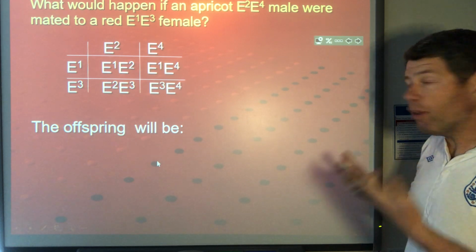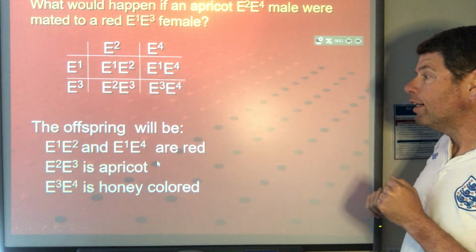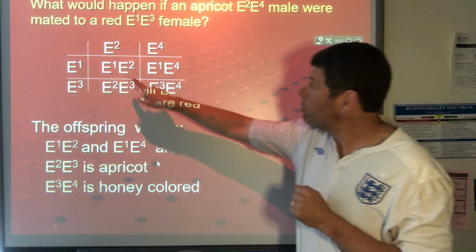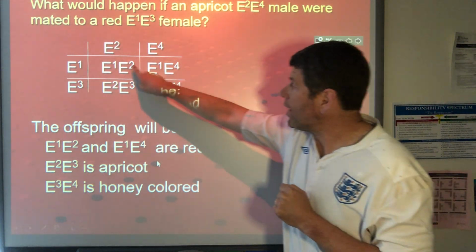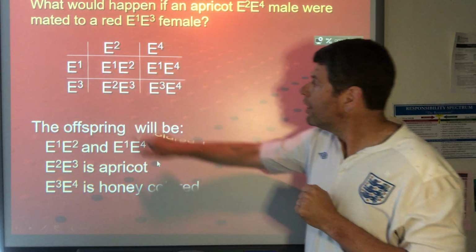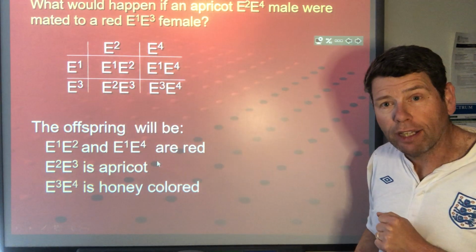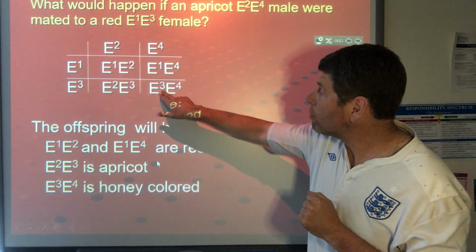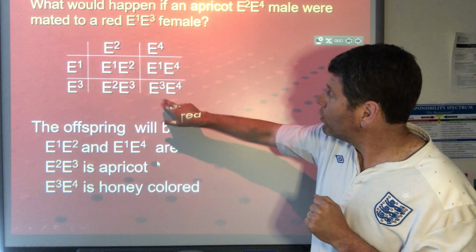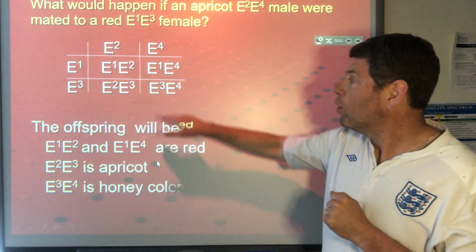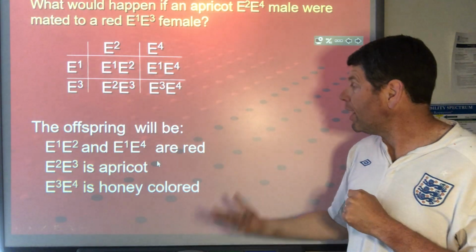So hopefully, now let's identify what the offspring are. We know that when we see E1, we're going to have red eyes. So we see 2 of those. Then we see an E2 as the most dominant for that offspring. So that's an apricot eye color. And then we have number 3. Remember, 3 is honey. So this fly offspring is honey colored.